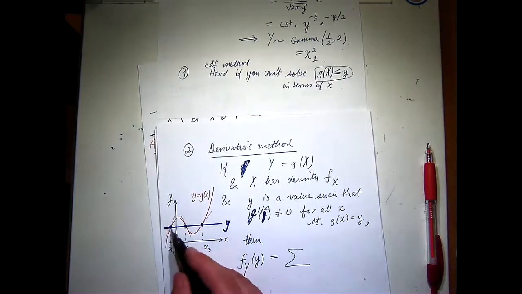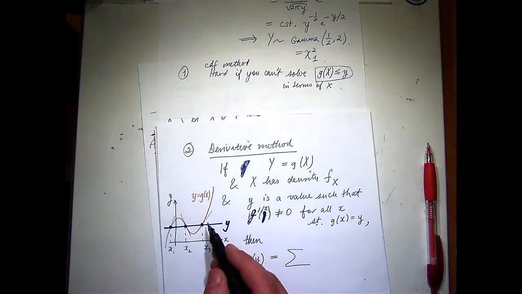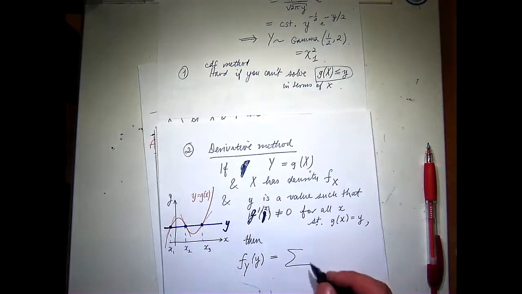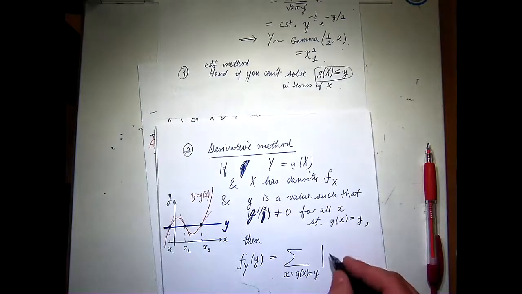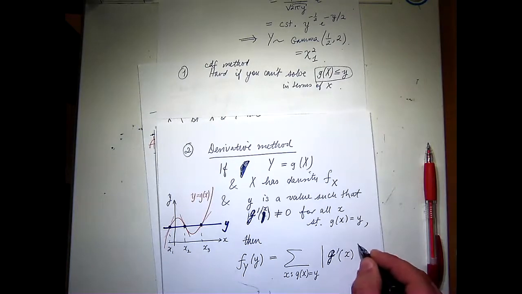So those 3 x values would actually be called the pre-image of y. The pre-image doesn't have to be a single one. It's the sum over all x's such that g of x equals y, and then I have to add up the absolute values of the derivative of g at each of those x values.